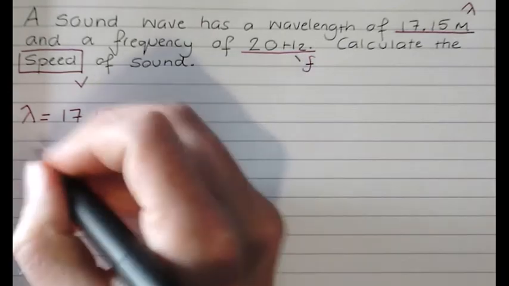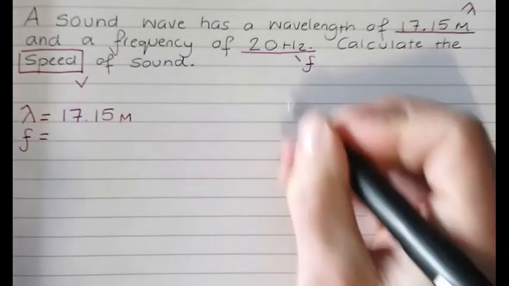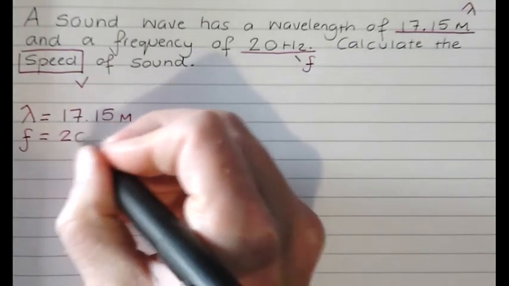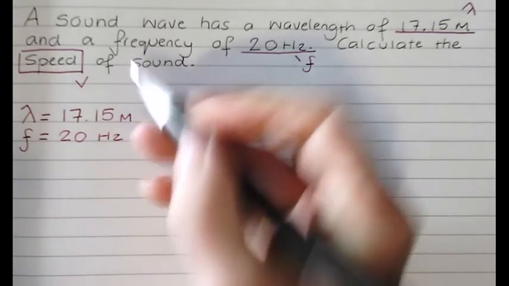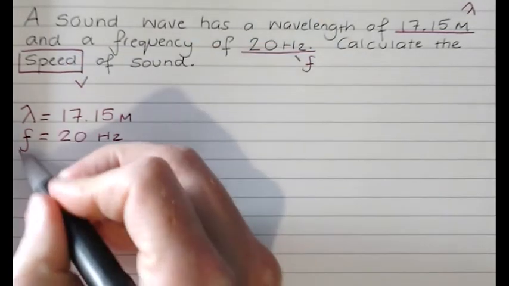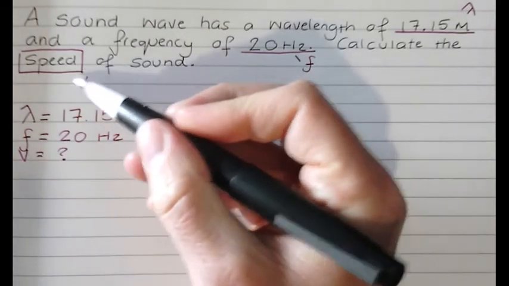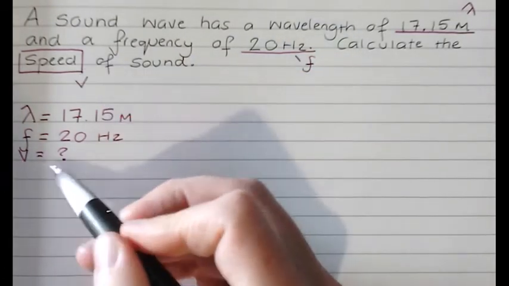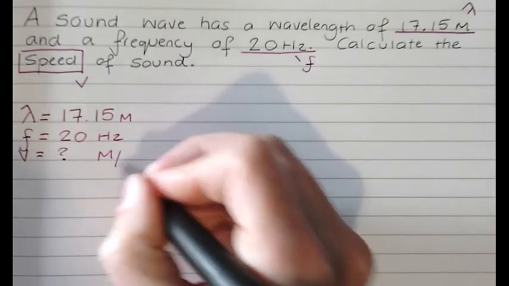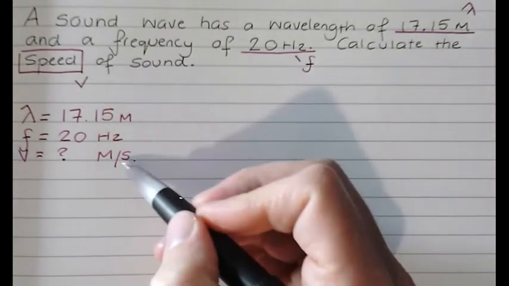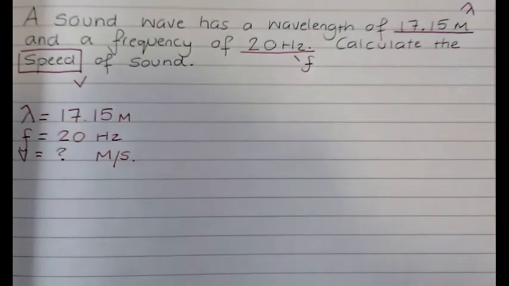The frequency is 20 hertz, and the speed is unknown. So we'll put a question mark in there, but we should put the unit as well. So anything that's speed, remember, our answer will be in meters per second. So we might as well put that in there so that we can check it when we get our answer.